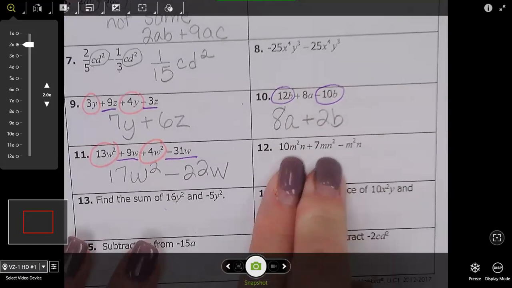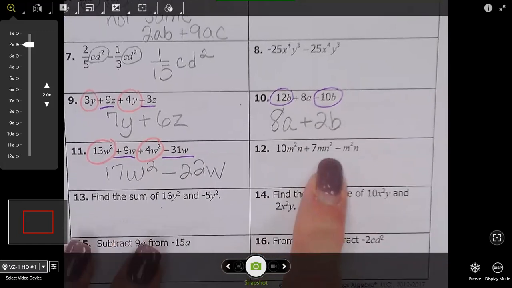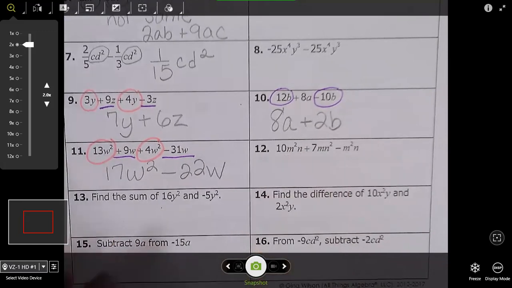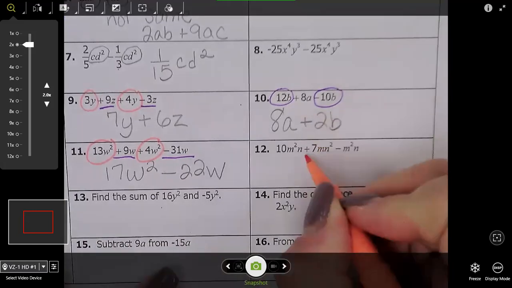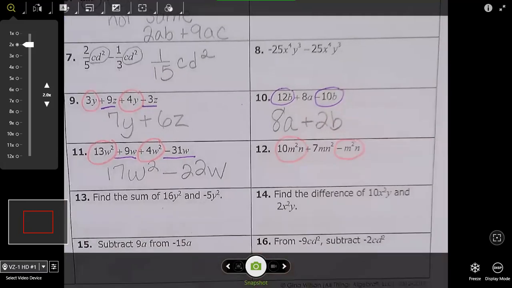These two are not the same because the m is squared in the first term, the n is squared in the second term. So I can't combine those two, but I can combine this guy and that guy, and he's going to go first because remember the biggest exponent of the letter that comes first goes first.